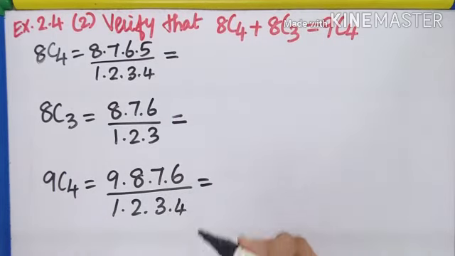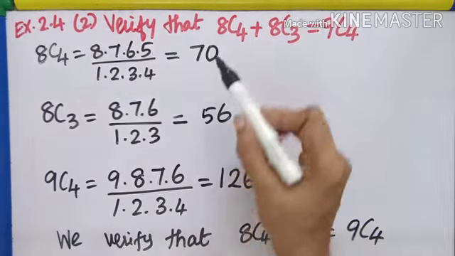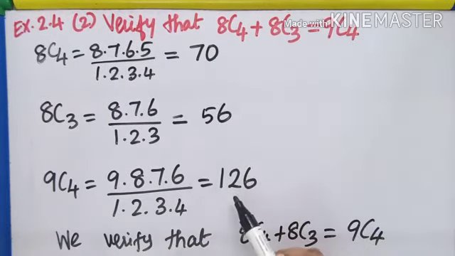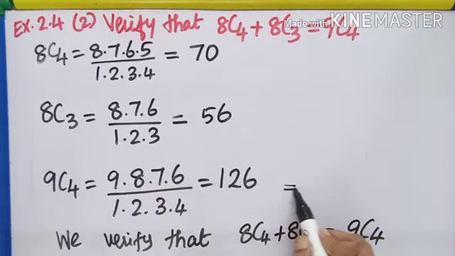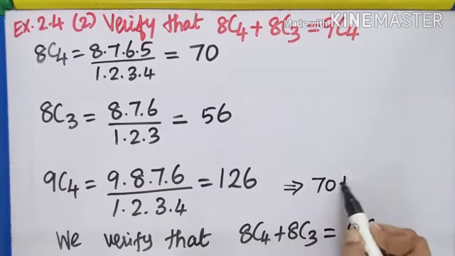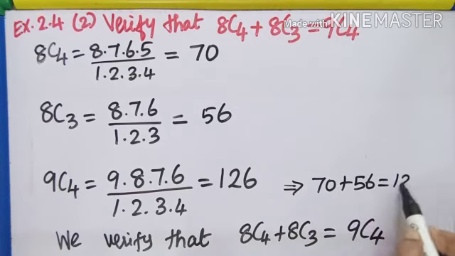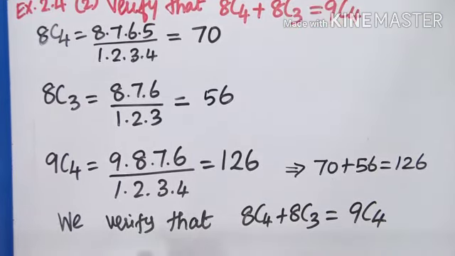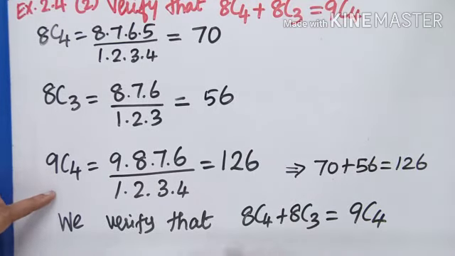Simplify all this. Check whether you get the result. We get 70, 56 and 126. And so we understand 70 plus 56 equal to 126. Or else we can say we verify that 8C4 plus 8C3 equals 9C4, and that is the result to be shown.